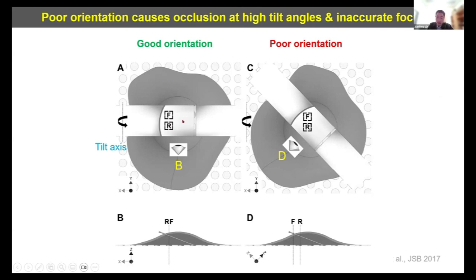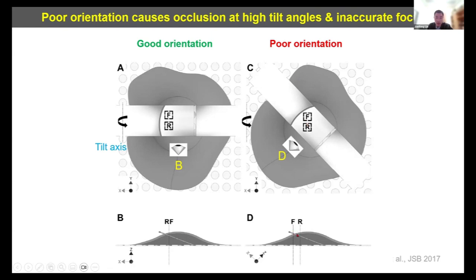Especially if you're collecting tomography data from tilted samples. Another advantage of this orientation is that when we do focusing, if your focus area is along the tilt axis, the good orientation will ensure the same z-height of the focus compared to the record area, if you look at the cross section. But if the orientation is bad, the focus area is different from the record area.